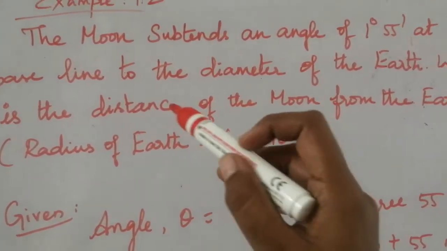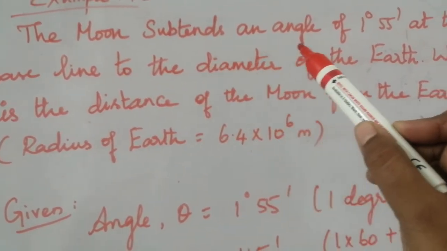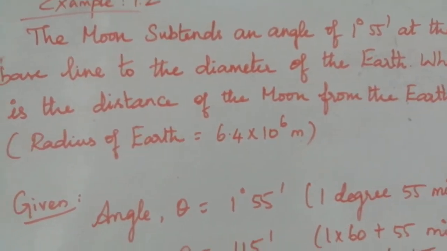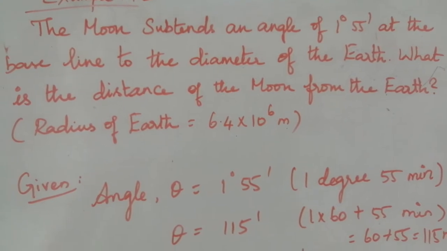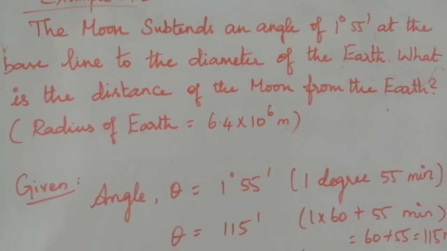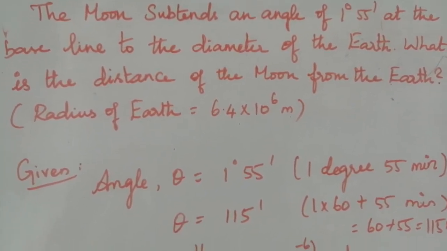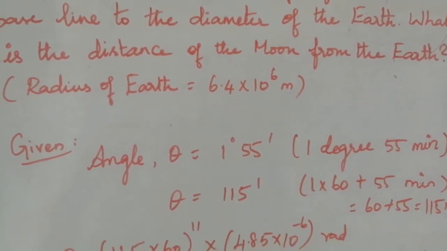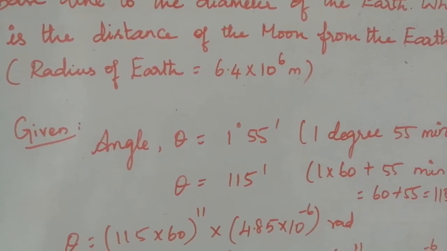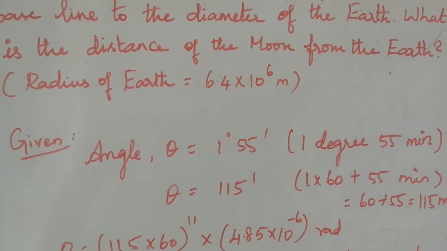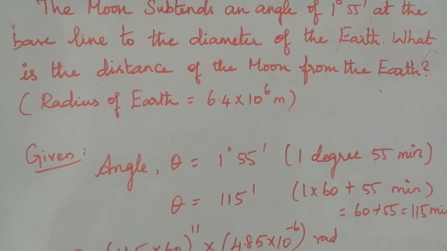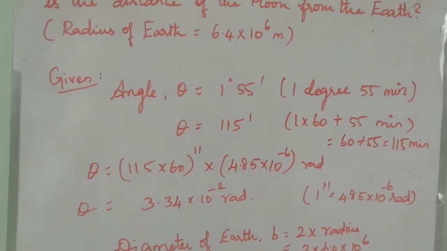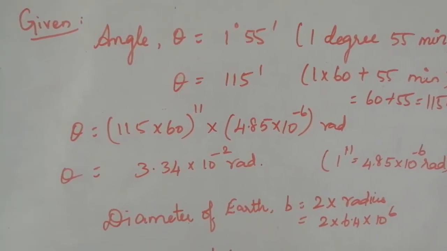In the question they have given that the moon subtends an angle of 1 degree 55 minutes at the baseline to the diameter of the earth. That is, the moon's subtension angle relates to the diameter of the earth. We know that the radius of earth is 6.4 × 10^6 meters. As it is related with diameter, you have to find the diameter of the earth. As you know, diameter is equal to twice the radius.